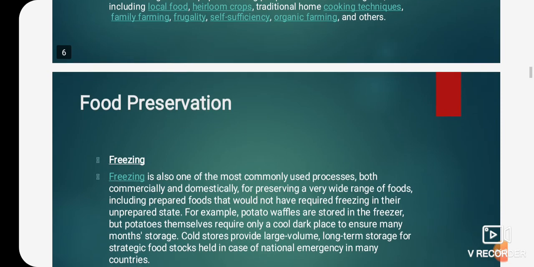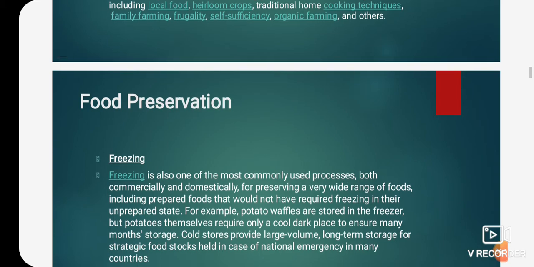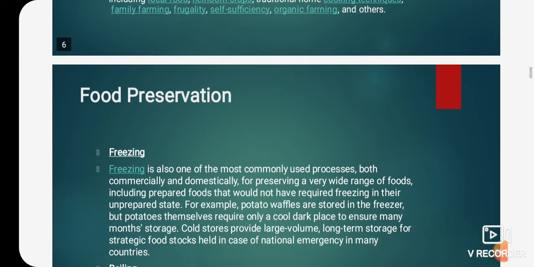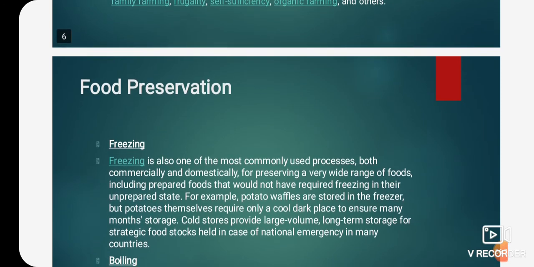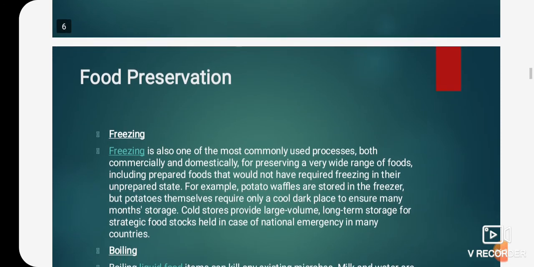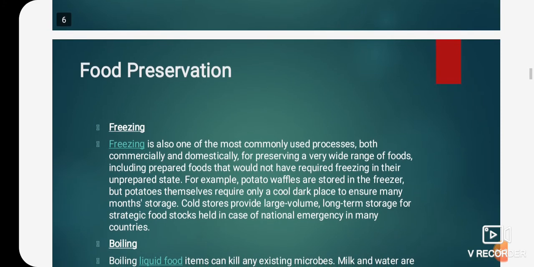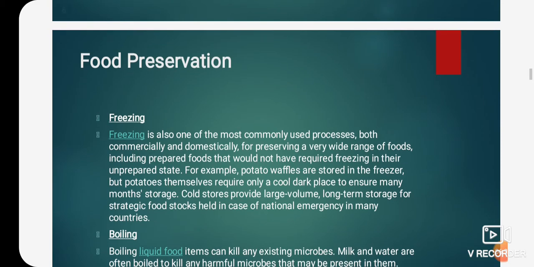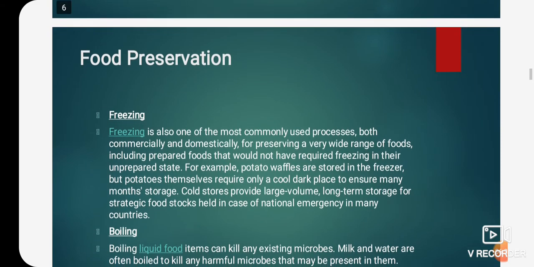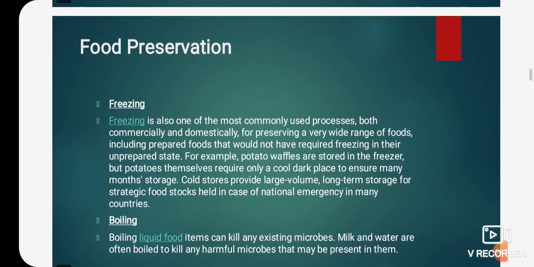For example, potato waffles are stored in the freezer, but potatoes themselves require only a cool, dark place to ensure many months storage. Cool, cold stores provide large volume, long term storage for strategic food stocks held in case of national emergency in many countries.